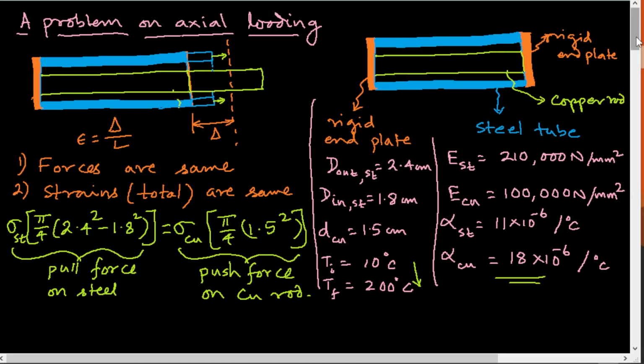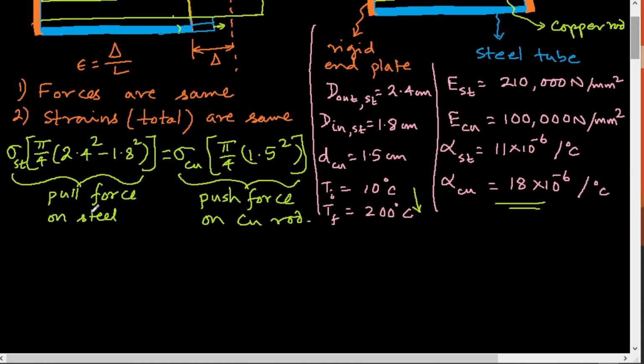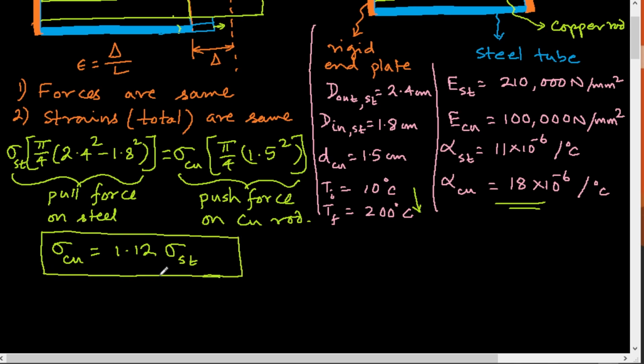So they must be equal. From here, if you put the values, you should get the relation between them, that is sigma of copper would be around 1.12 times that of sigma of steel, right? So that's relation number 1 that we got from the force balance.